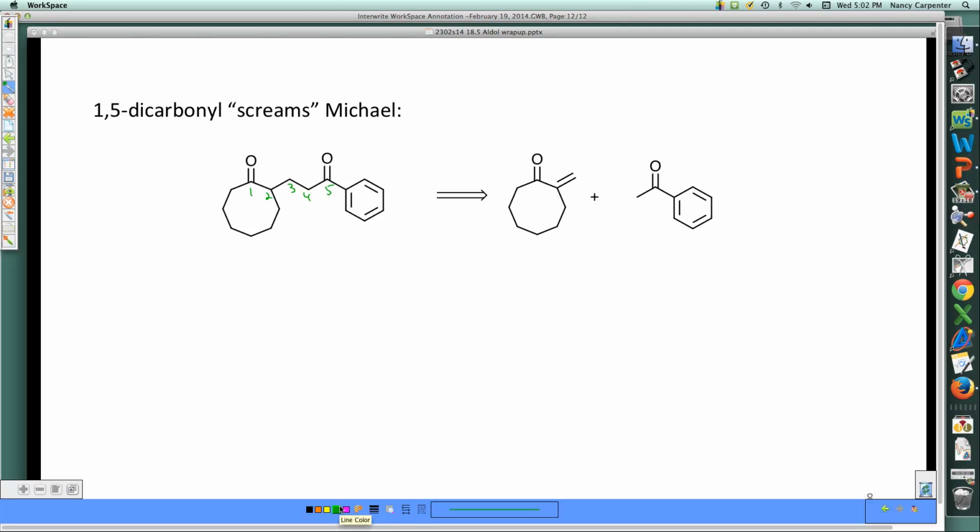So that means one of these has to be an enolate and the other has to be an electrophile. And sure enough, if I take this ketone, deprotonate it, and add it to this alpha-beta unsaturated carbonyl, then I'll get this product.